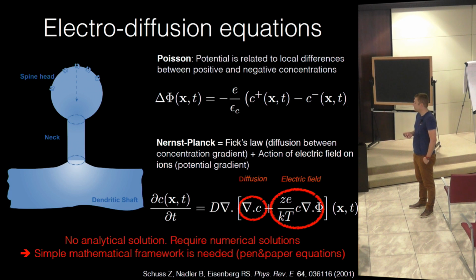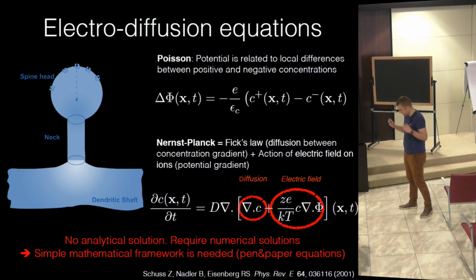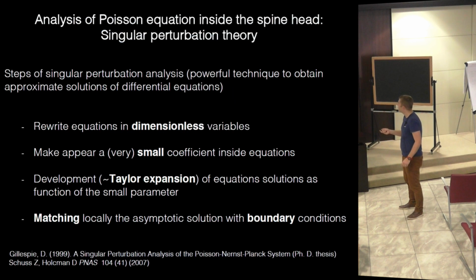But the goal here was to simplify the system by making some hypotheses to derive a coarse-grained system of equations, like pen-and-paper equations, that give some insight on what's happening, and especially what the different dynamics of the phenomena are when a synaptic potential arrives.